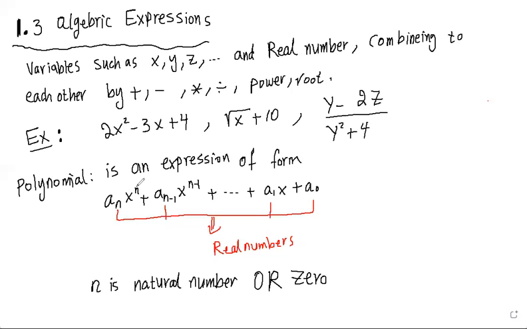The n here must be natural, meaning it is 1, 2, 3, 4, 5, 6, 7, 8, something like that. Okay.